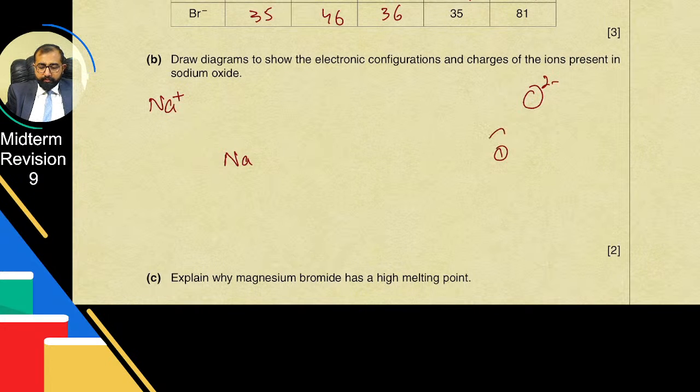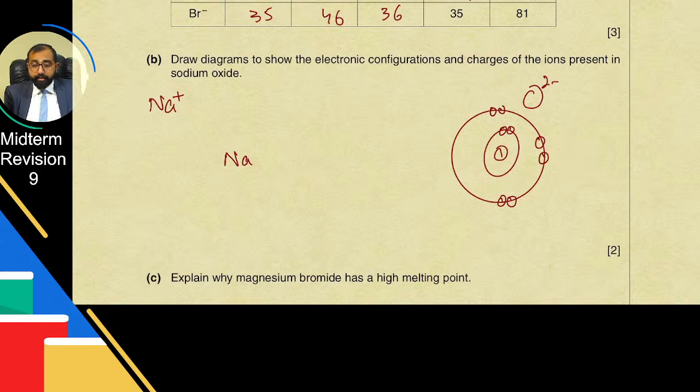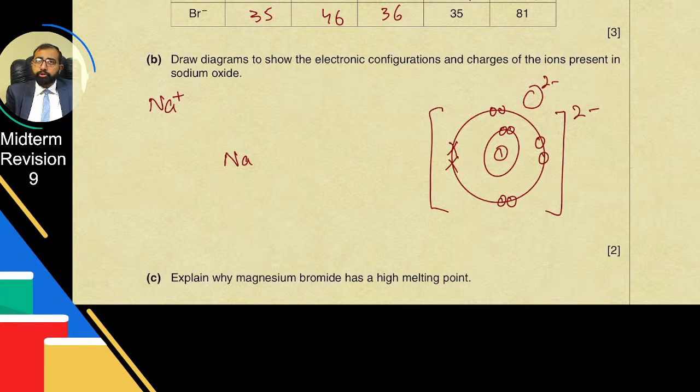So oxygen in the middle, I have one circle for the first shell, a second circle for the second shell, so 1 2 3 4 5 6 7 8 are its own, and 2 that it gained from something, and then square brackets for the -2 charge.